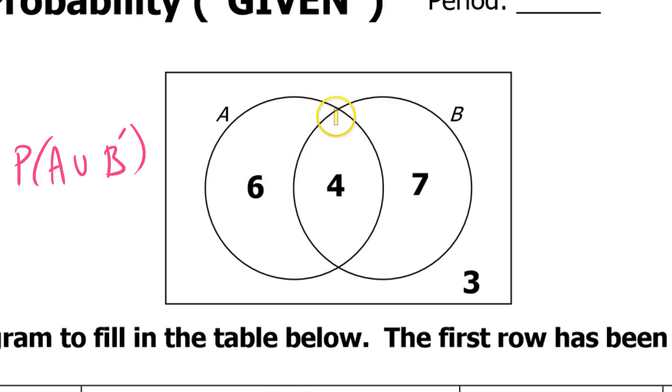So we're going to shade all of A, because A is mentioned, and then we're going to shade not B. So not B is everything that is outside of B. So that's going to be all of this.